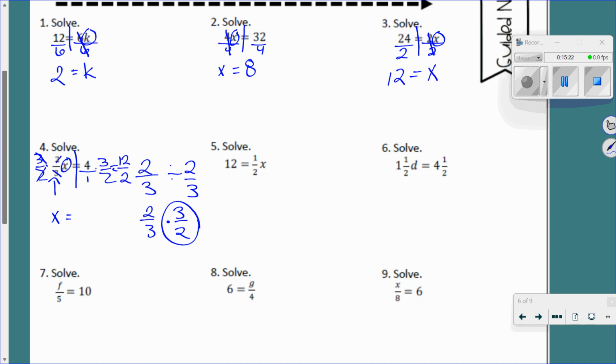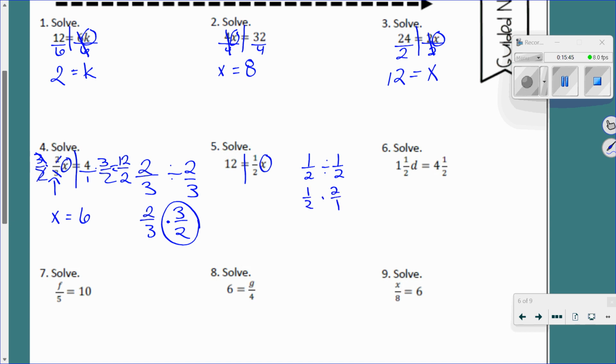Number 5. What operation am I doing? Multiplying. So to solve, I need to divide. So I'm dividing 1/2 by 1/2. Can I do that? No. I need to keep, change, flip. So what am I actually going to be doing to both sides?